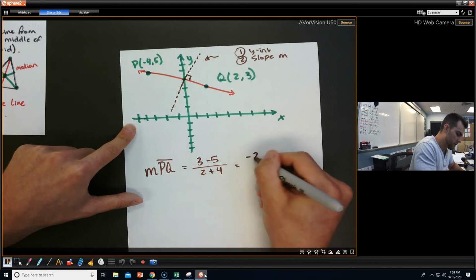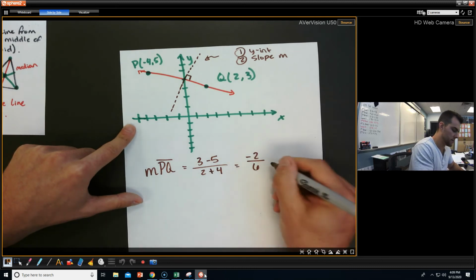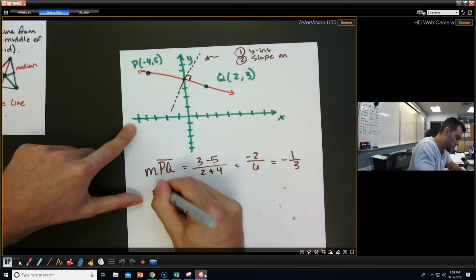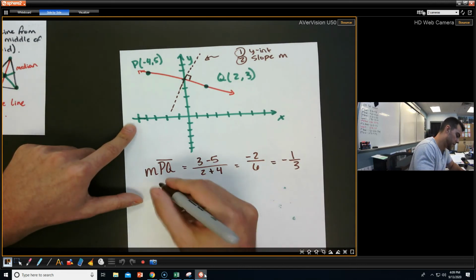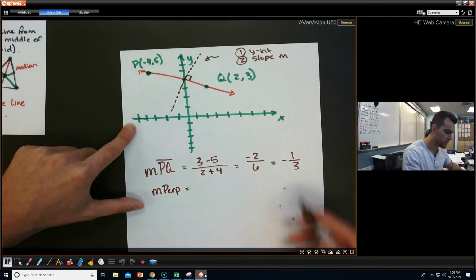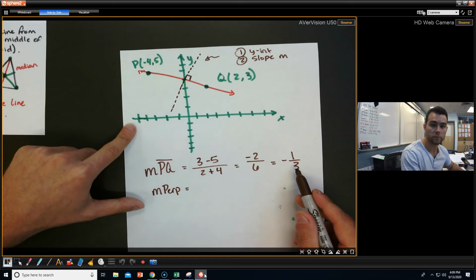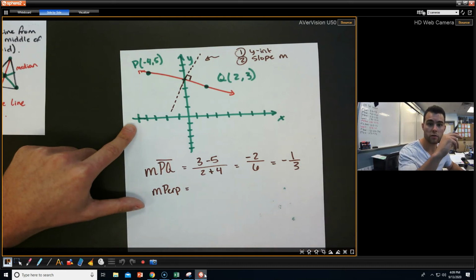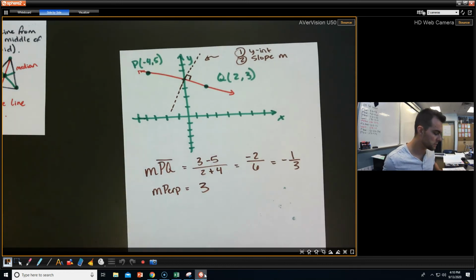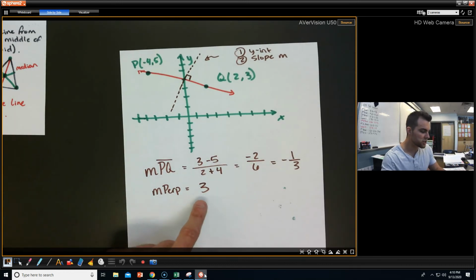So I get negative 2 on top, I get 6 right here, and I get negative 1/3. So now the slope of my perpendicular bisector is going to be the opposite reciprocal, so 3 over 1, so just 3. And that's pretty useful. Now, I have the slope.